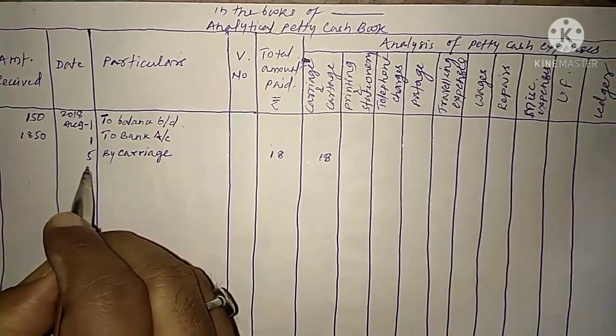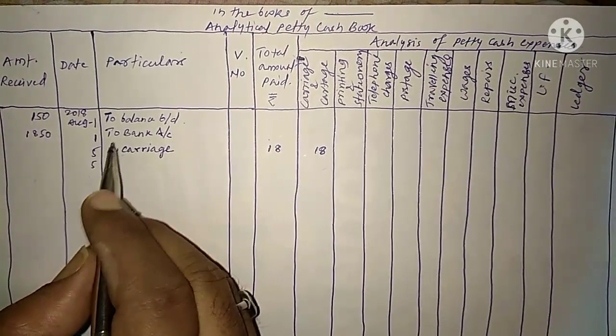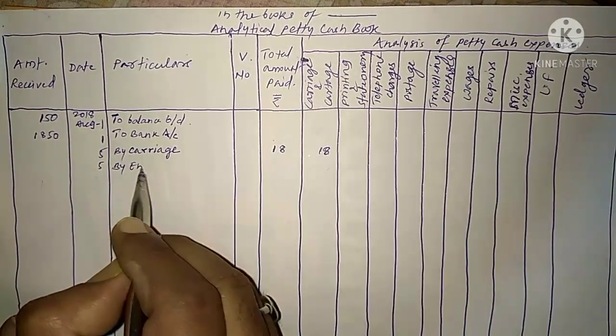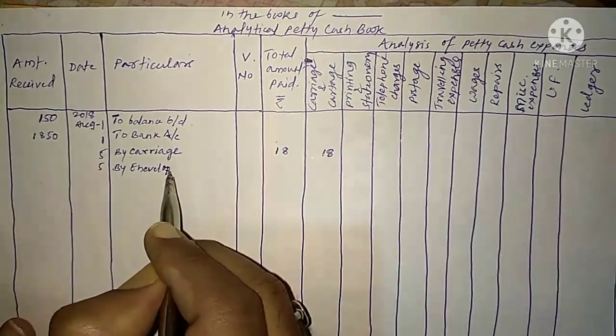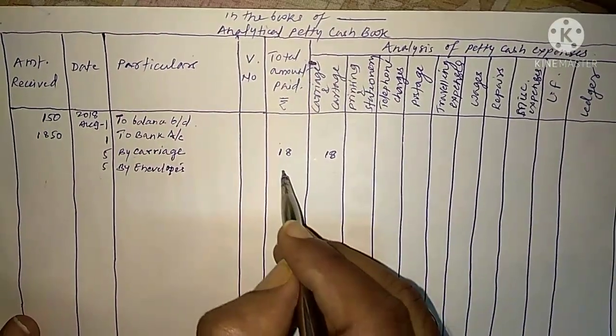Then again we have to write the date 5 because there is one more expense, that is envelopes. So here we have to write by envelopes. That is 65.